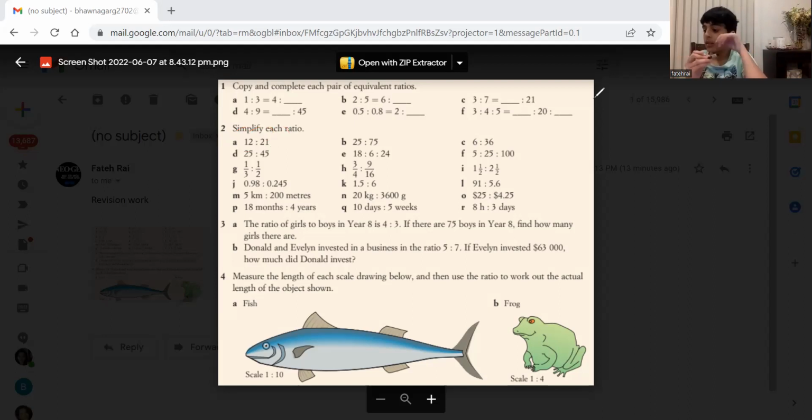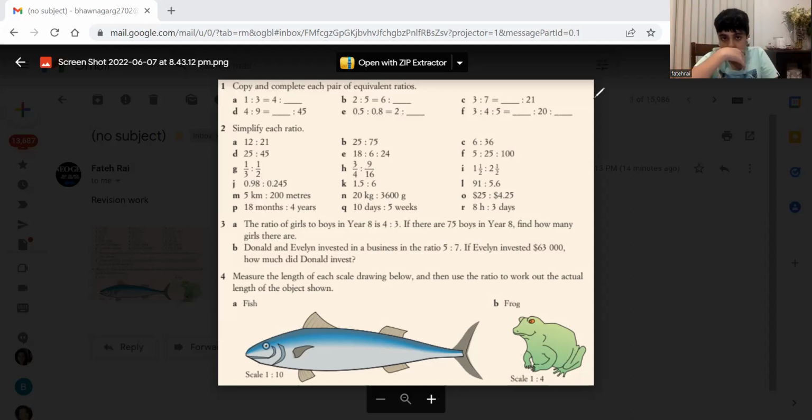Next, 25/75. Let me see. I got 5/15. Can 5/15 be further reduced?